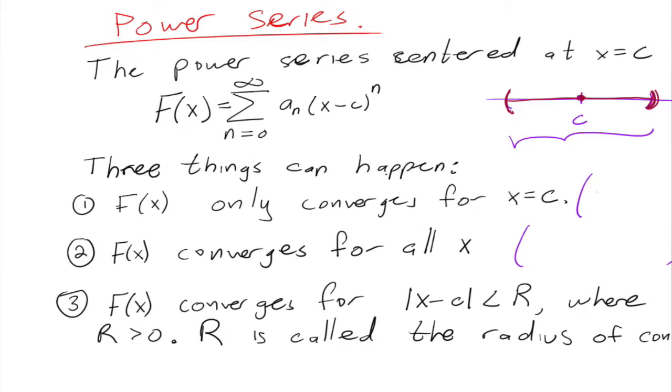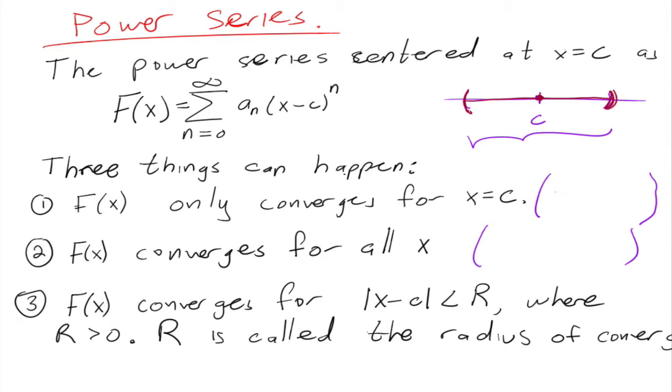Okay, so in cases 1 and 2, what we say for this first one is that r is equal to 0. So if it only converges for c, then the radius of convergence is 0. If it converges for all x, then you say that the radius of convergence is infinite.